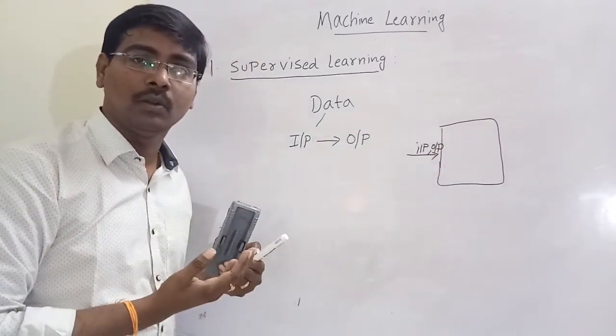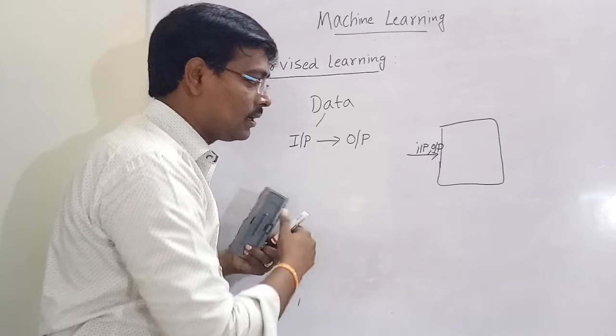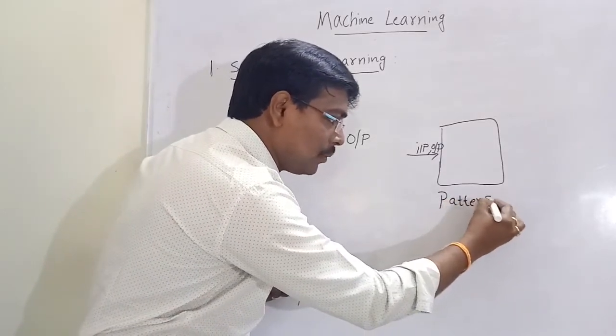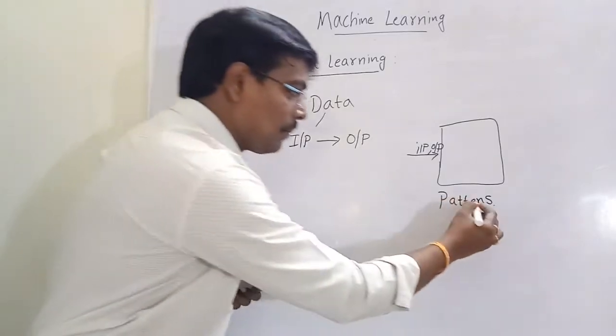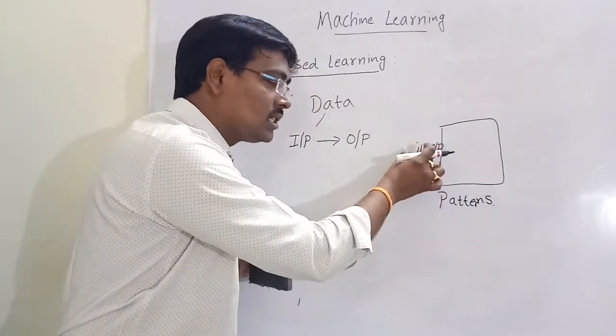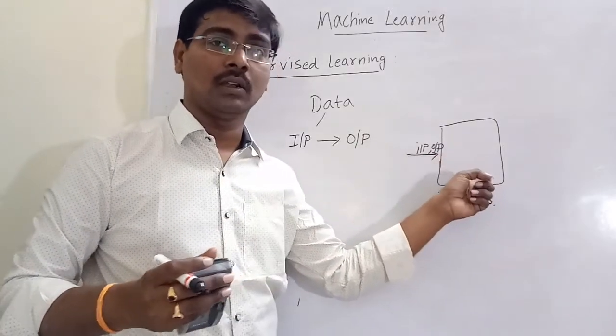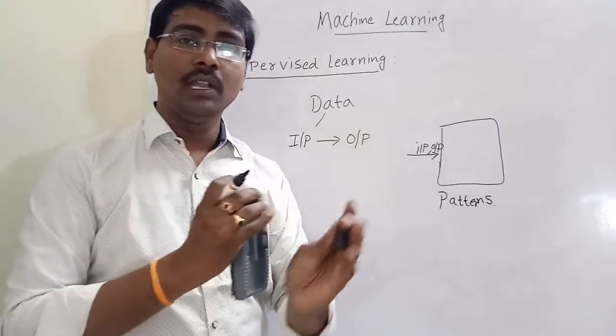Now what does the computer know? The computer understands the patterns. That is, if this is the input we are getting, the output produced is this one. It understands the relation between input and output.